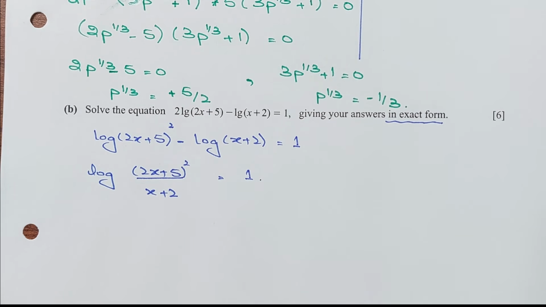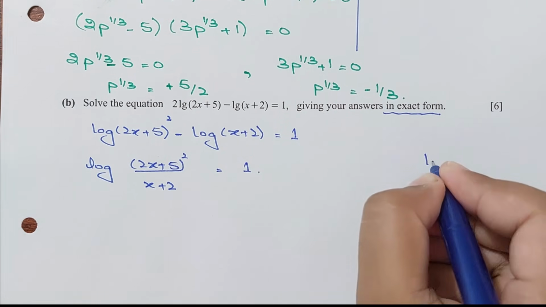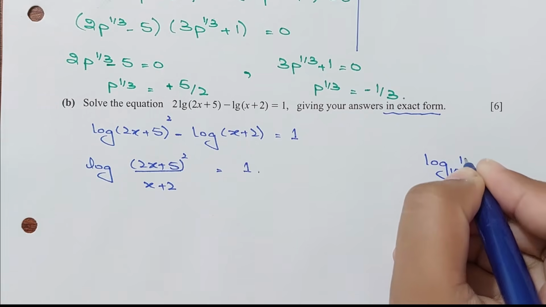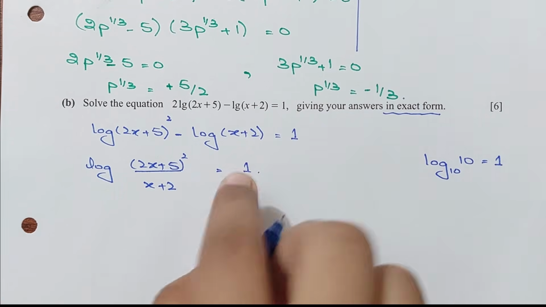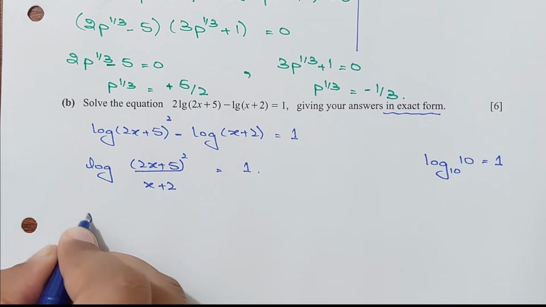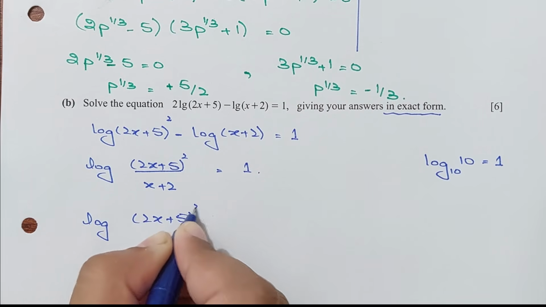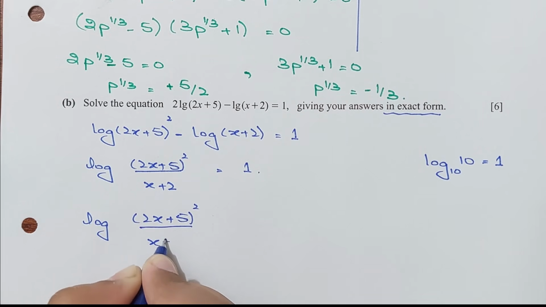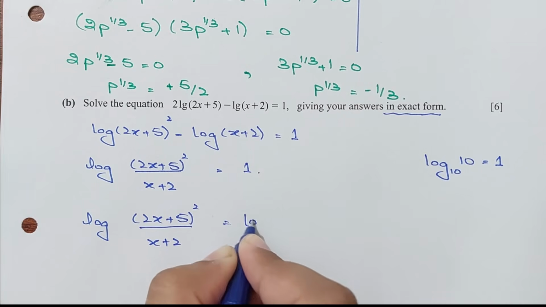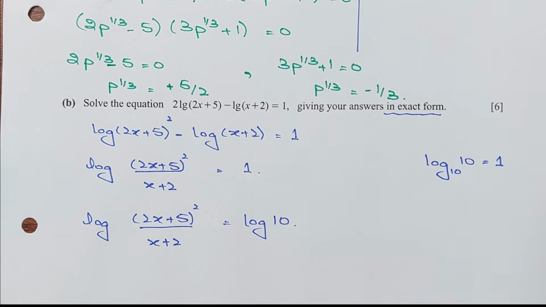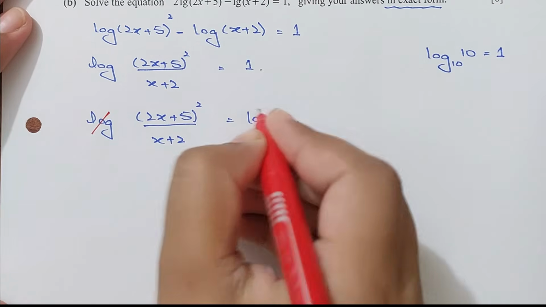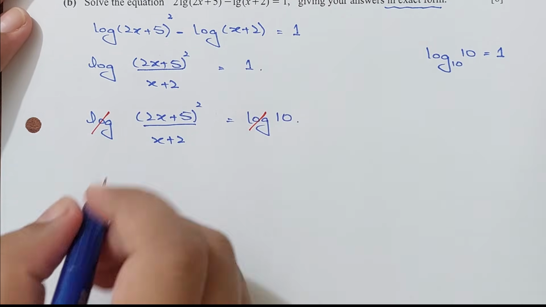So 1 we know is log base 10 of 10, which is equal to 1. So let me write this down. Log of (2x plus 5) whole square divided by (x plus 2) equals log of 10. Let me cancel the logs on both sides and solve for x.